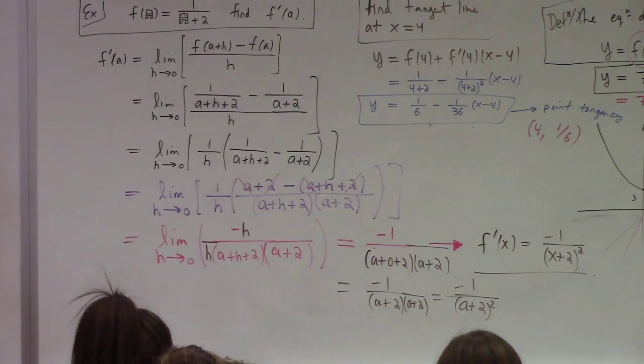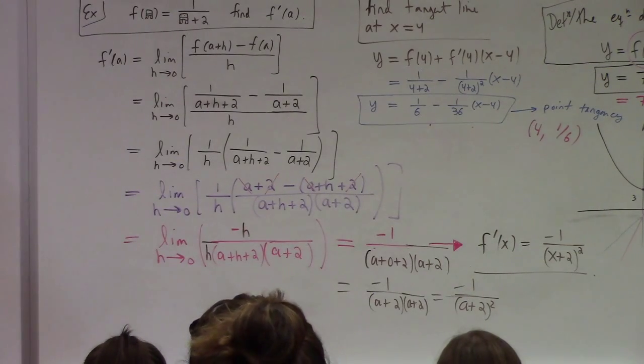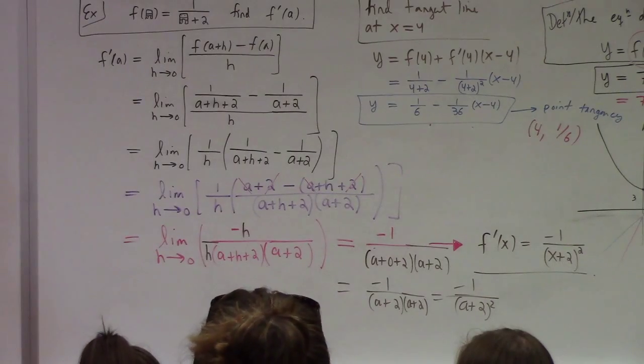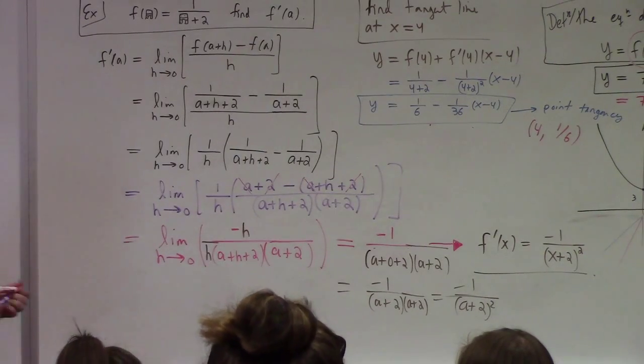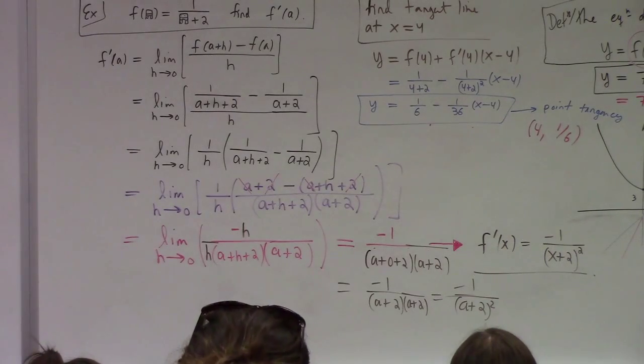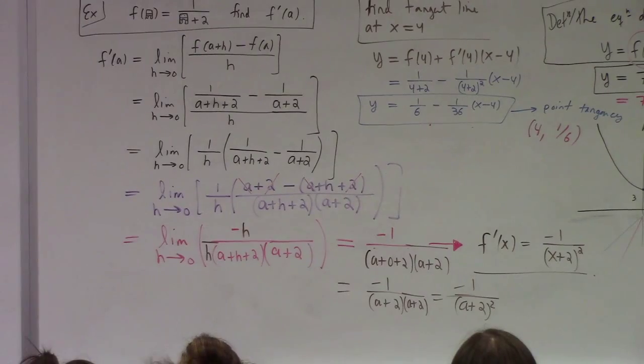Now, I knew the point of tangency was 4 because you guys just asked me. But imagine yourself in a world where you hadn't asked that and somebody just gave you the equation of the tangent line. You can look at it and tell me the slope and the point if it's in this format. Hypothetically, suppose somebody told you, hey, you've got a function and its tangent line is 10 plus 3 times x minus 2.